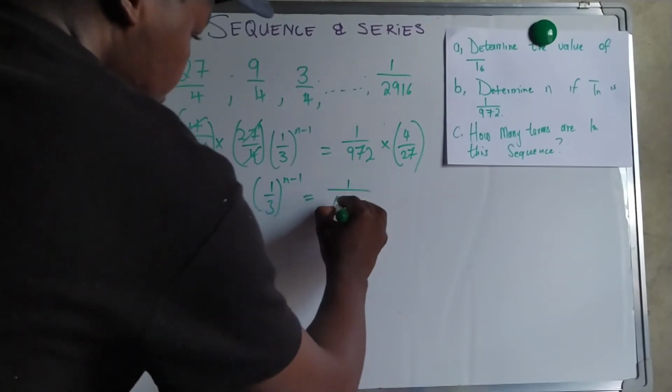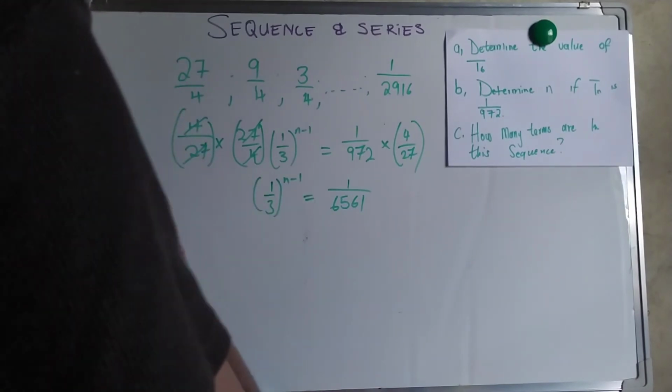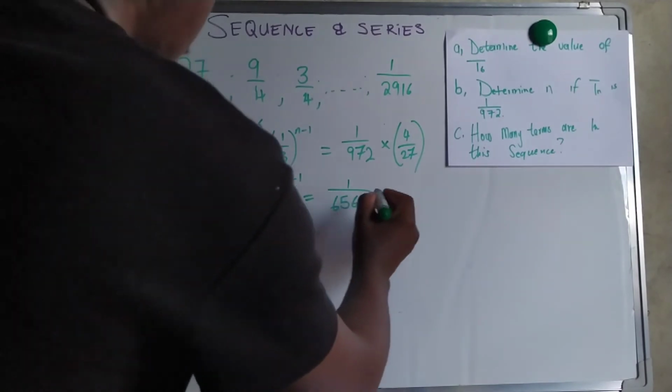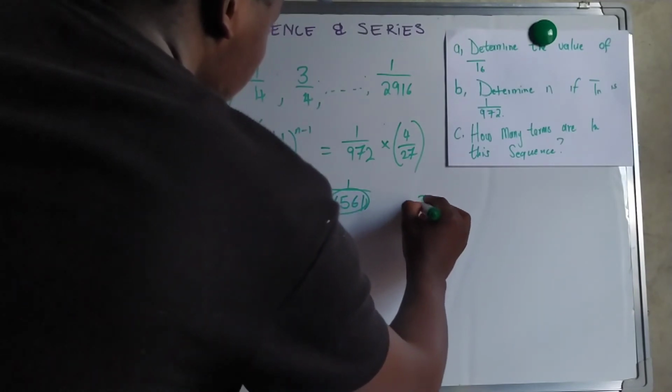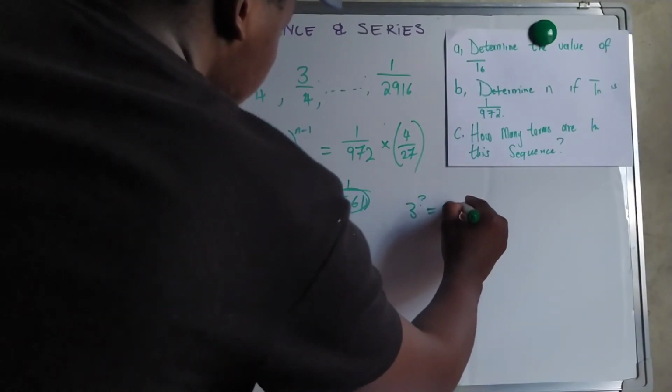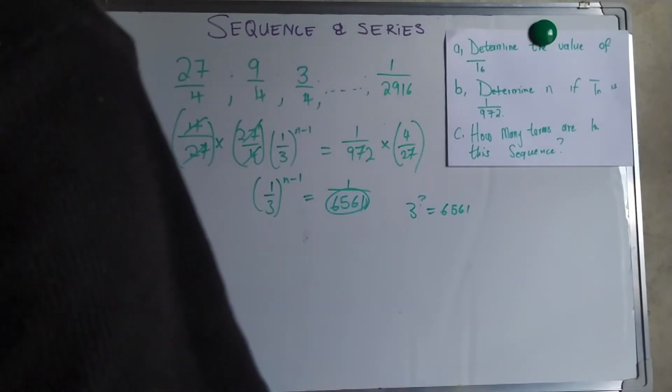1 over 6,561. Okay, so here you can always look for a base which has 3, which is equal to 6,561. But what I'm going to do, I'm going to introduce you to logs.